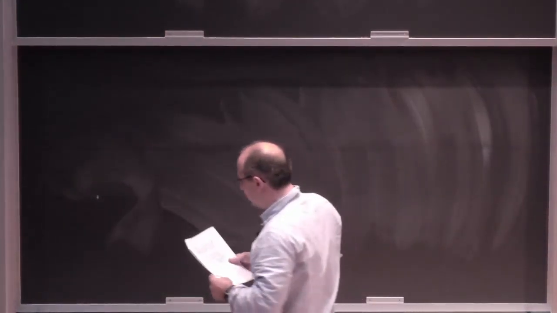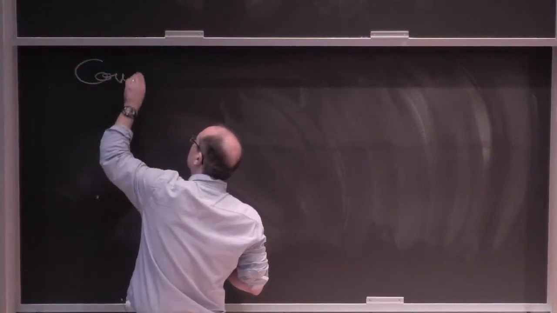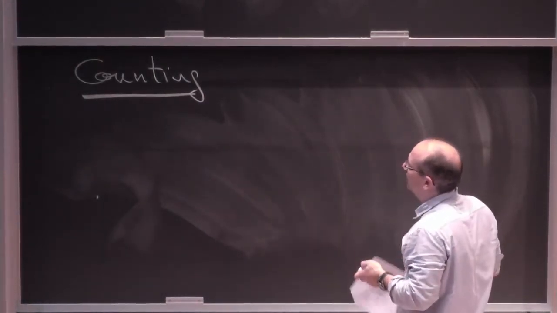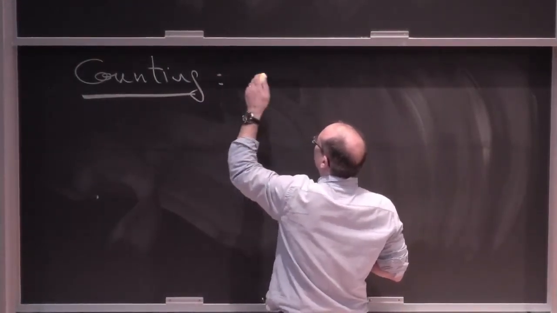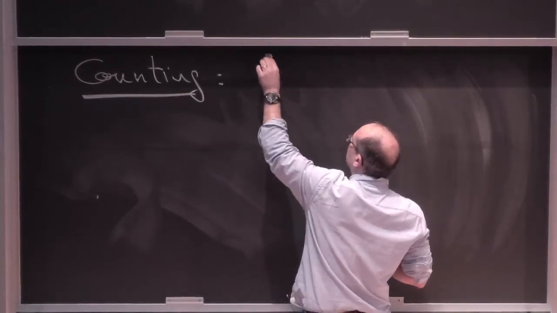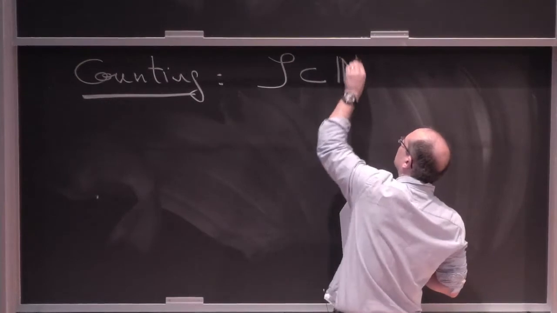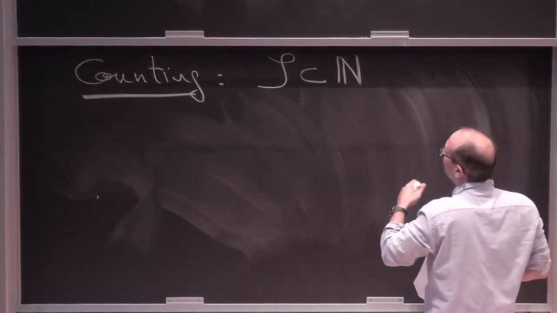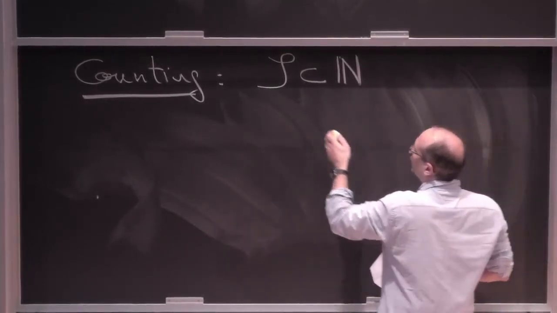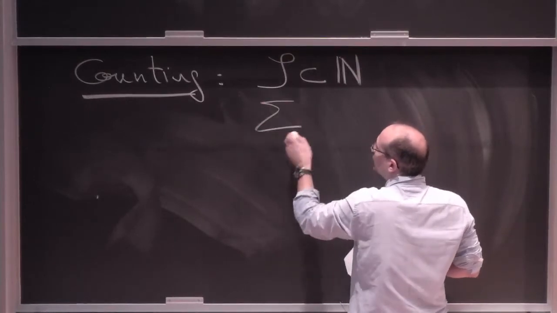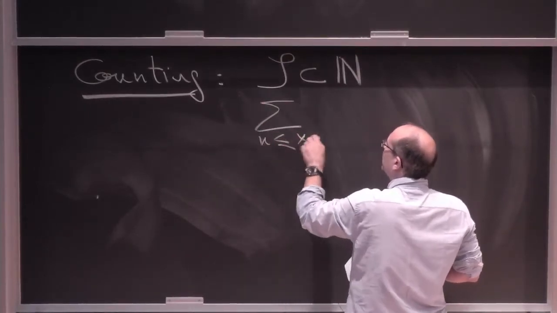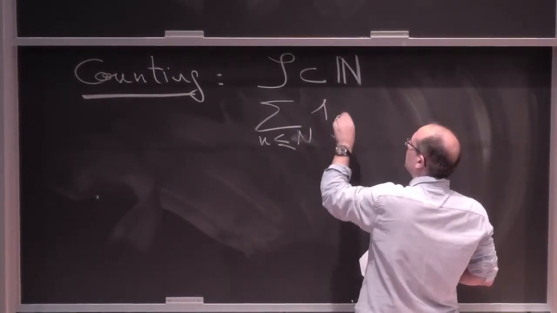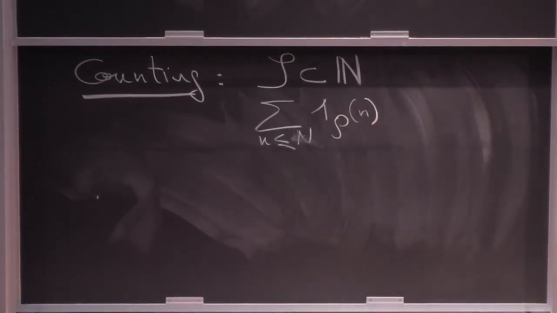Okay. So now comes the problem of counting. Basically you have your set of integers. You know it is not empty, or sometimes you don't even know whether it is empty or not, but what you want to do is to count the number of elements of n up to size some big n.